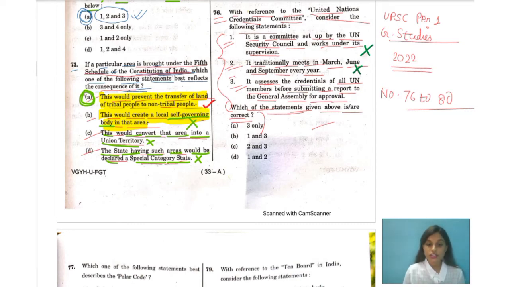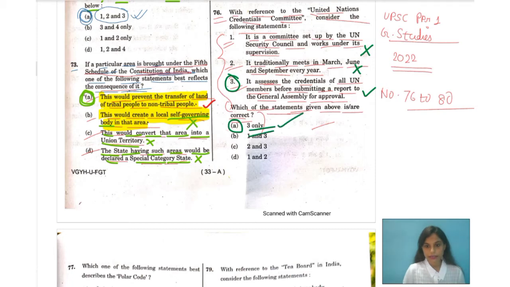Because a credentials committee is basically appointed at the beginning of each regular session of the General Assembly. What about number 3? Number 3 is correct. Why? Because its main purpose is to report to the assembly regarding the credentials of the body's representatives. So definitely number 3 is correct. Your correct answer would be option A, that is 3 only.